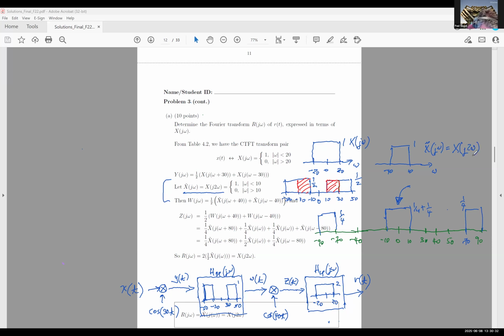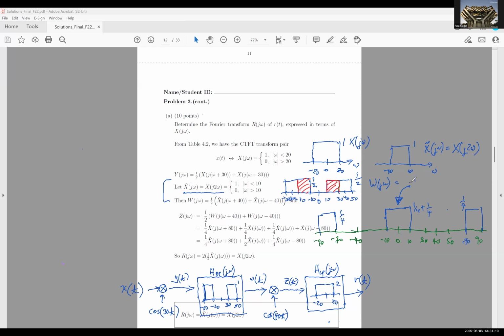And so now I can express this in terms of my x tilde of j omega. I could have expressed my w of j omega in terms of that x tilde. Also, you see, this was my w of j omega here. It's what I get by taking x tilde of j omega, which is this scaled version of x of j omega, and shifting it to the right by 40 and to the left by 40 and scaling by 1/2.